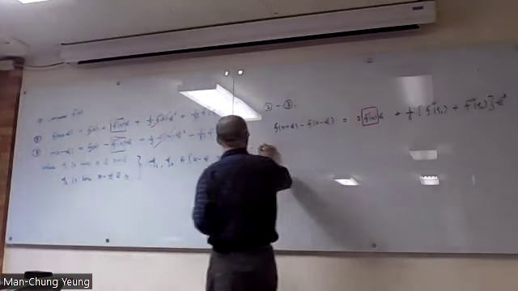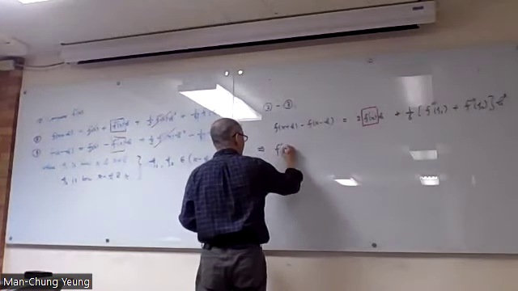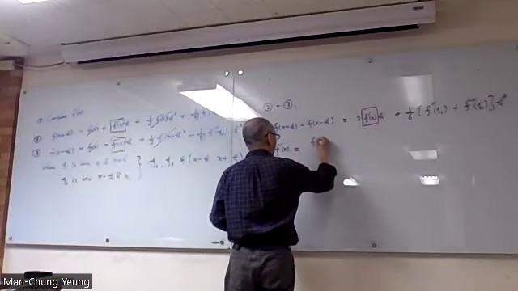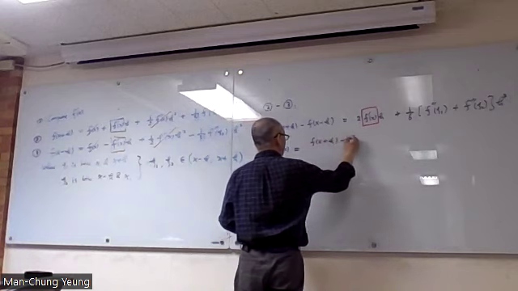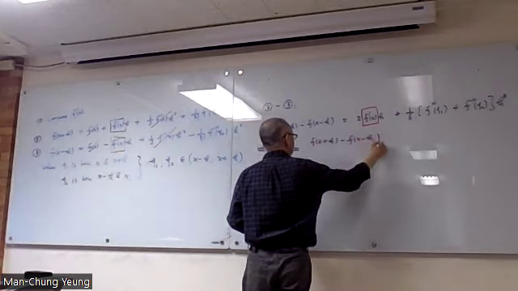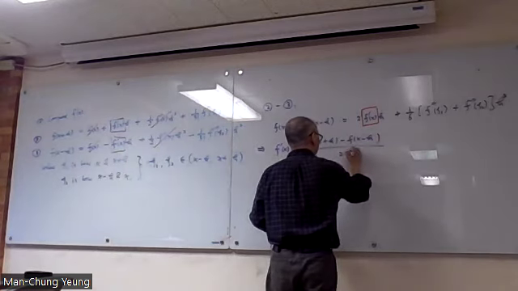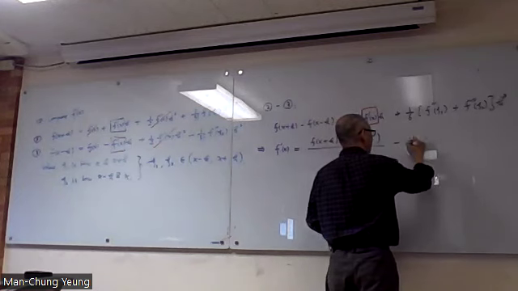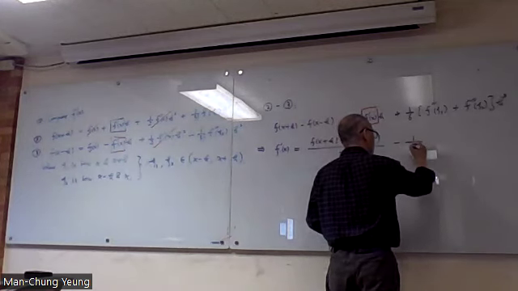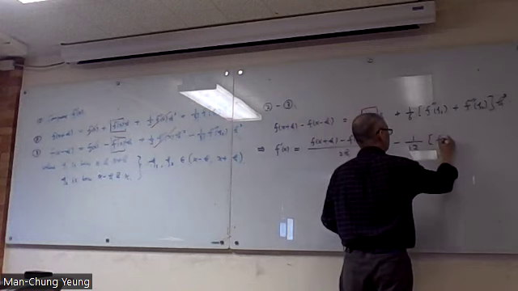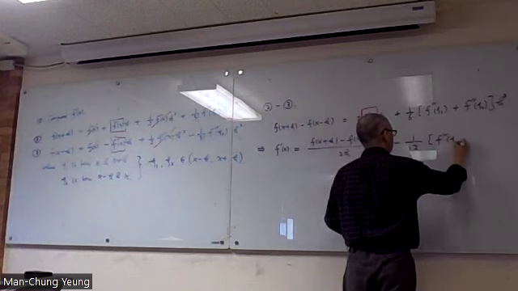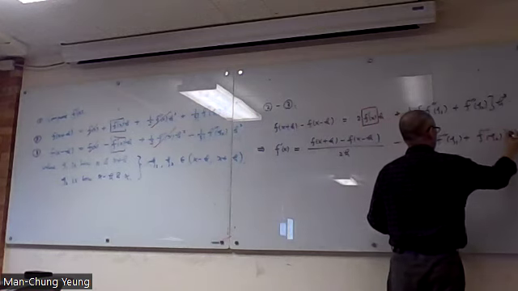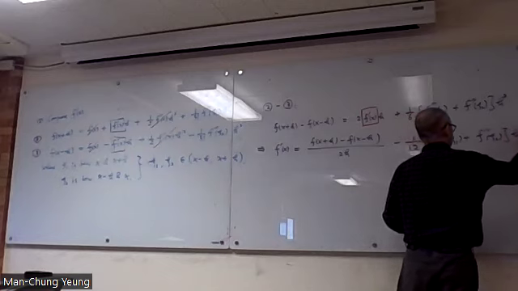So we have the derivative at x is f of x plus h minus f of x minus h over 2h, then minus 1 over 12 h squared.